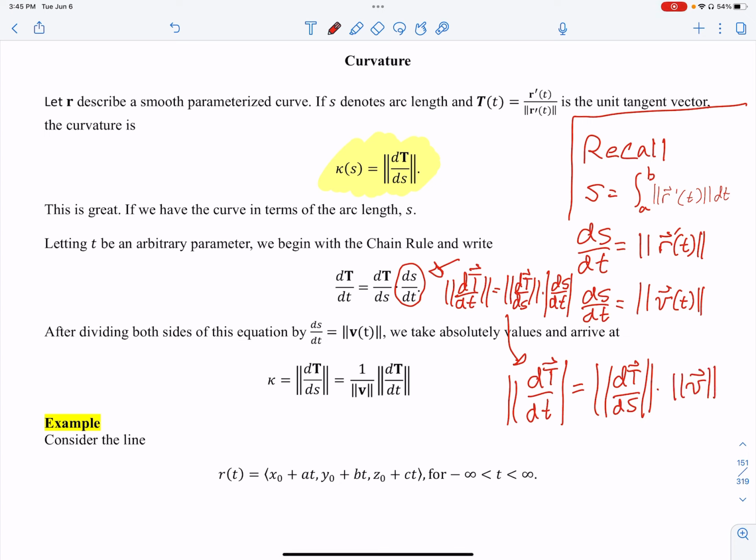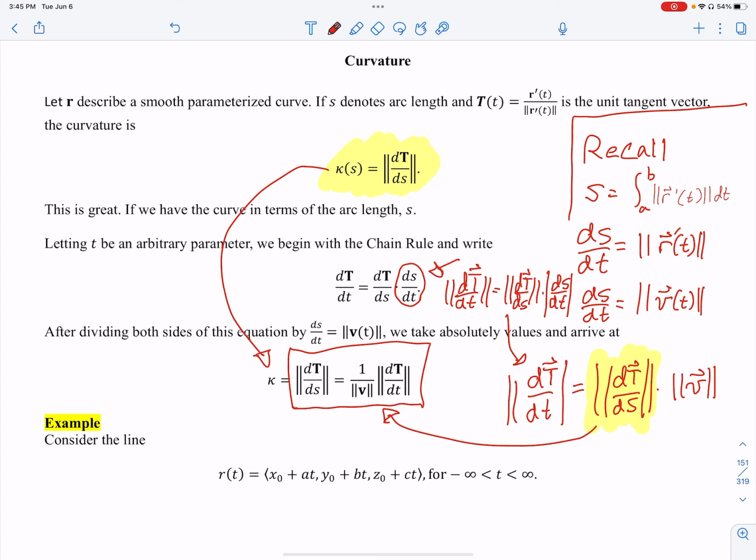Now, if we were to solve for dt ds, because that's what I really don't want to deal with, I would like a better definition. If I were to divide both sides by the magnitude of v, I arrive here. And then we know from this definition above that it is equal to kappa, which is our curvature in this case. I'm never going to ask you to rederive that or explain it. I'm just going to have you use the working definition.